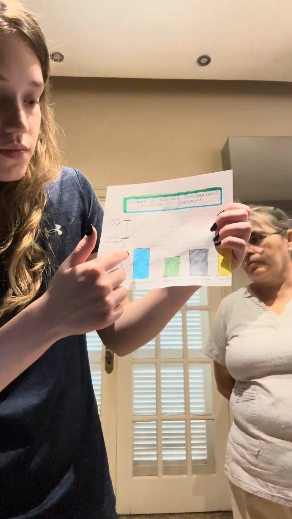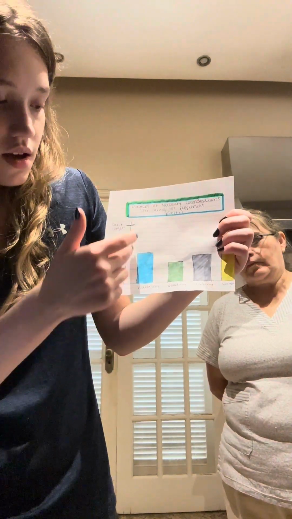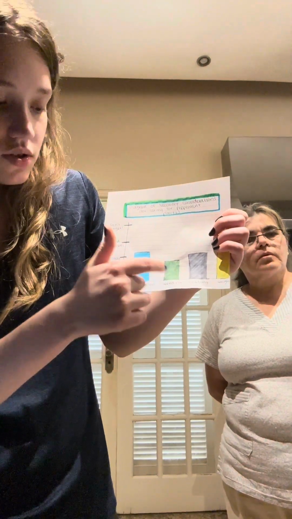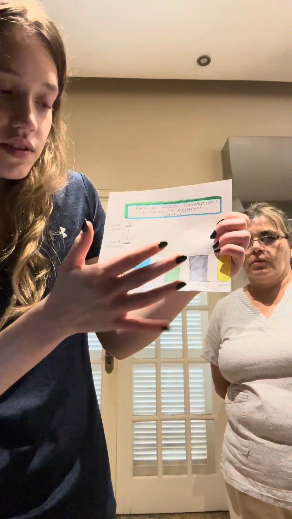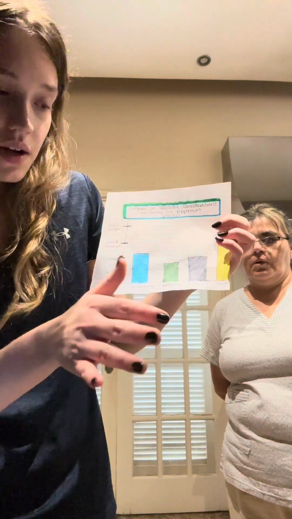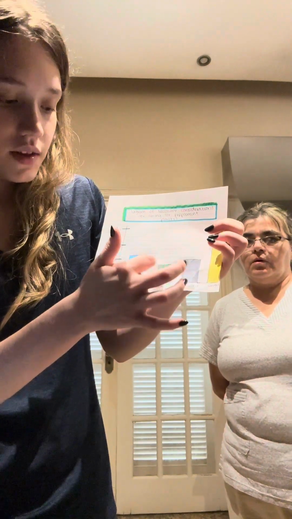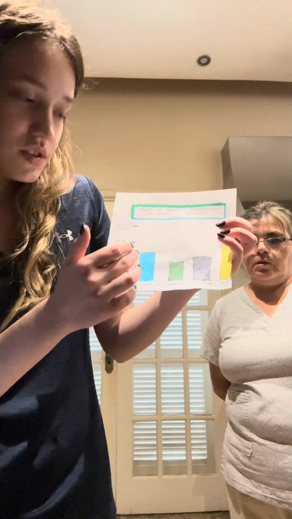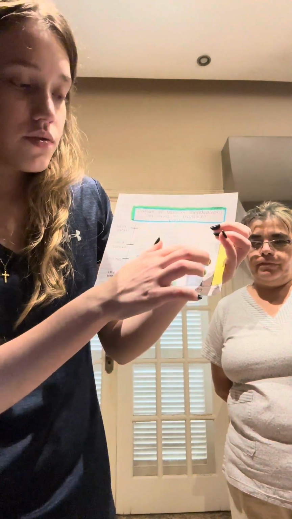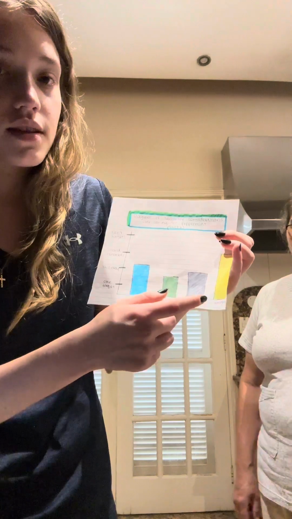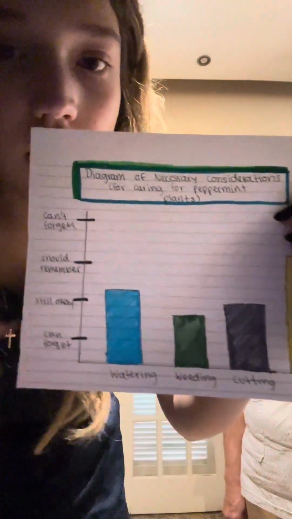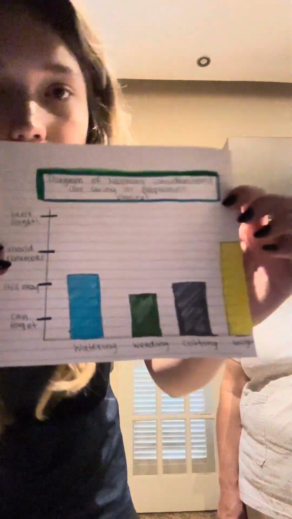Watering is relatively important, like it's at the middle. Then weeding is also relatively important, but it can also be forgotten sometimes. And cutting is also a bit more important, almost like water, the same. Still okay, but you should try to remember it. And sunlight is the most important aspect, as you can see here on my diagram.